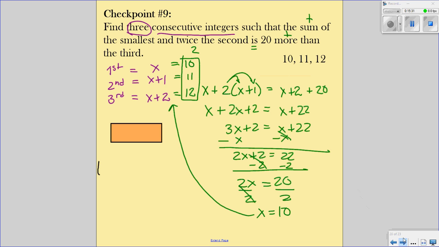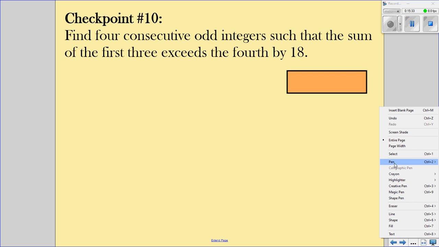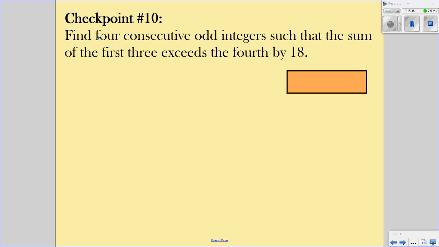Right, we have a few more. So I'm going to find 4 consecutive odd integers such that the sum of the first 3 exceeds the fourth by 18. Alright, so the first 3 exceeds the fourth by 18.